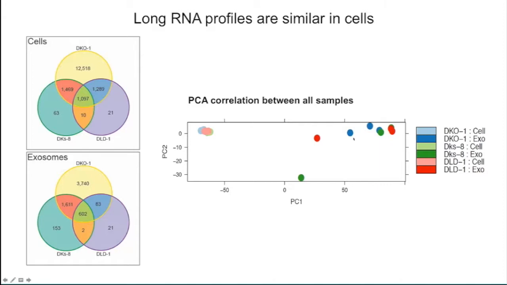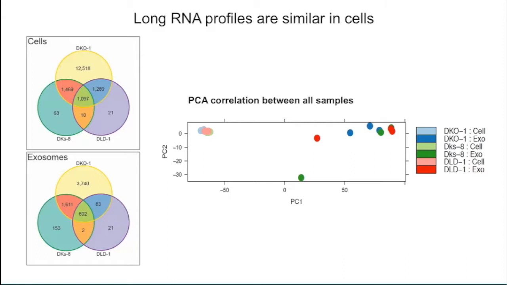In the long RNA from mutant KRAS to wild-type KRAS, where on the microRNAs you could easily distinguish the cell types, we really can't do that on the long RNA-seq, or principal component analysis doesn't show that for long RNA-seq between wild-type and mutant KRAS.